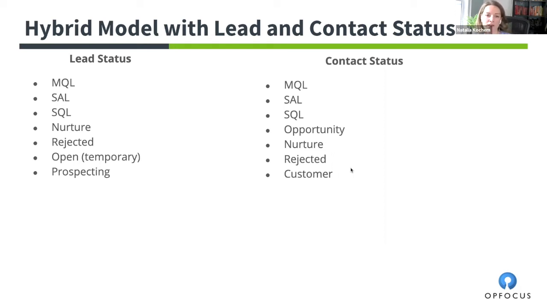So whenever a contact is associated to an opportunity, it does show that. And if it's no longer, maybe they didn't win the opportunity, marketing still wants to engage them, they would move it to nurture.